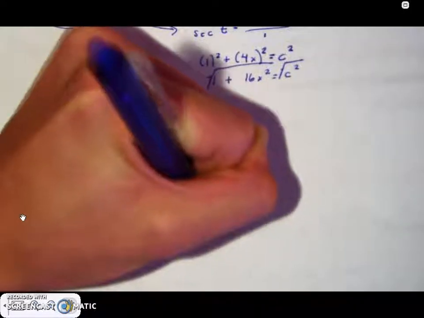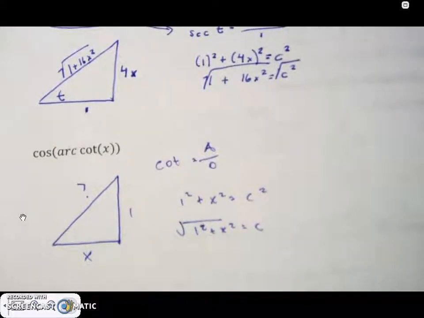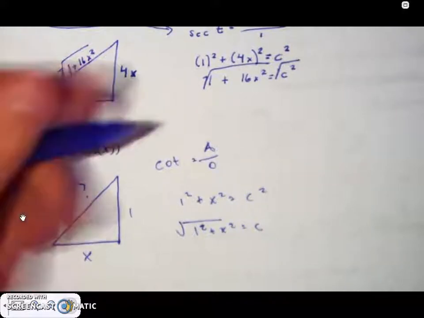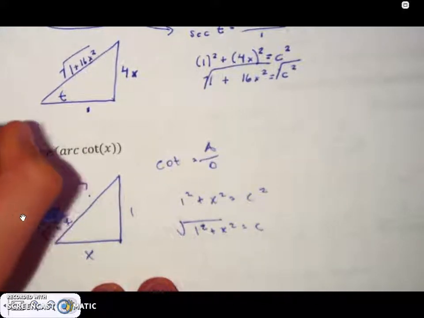Solve for c, and you get the square root of 1 squared plus x squared equals c. And then you can simplify that down to just 1 plus x, can't you? Nope. Alright, gonna leave it as the square root of 1 plus x squared.